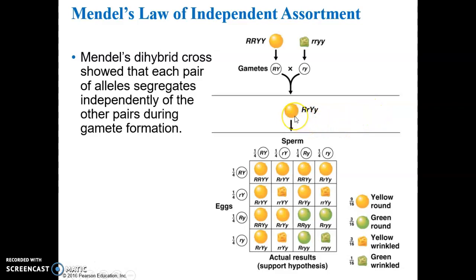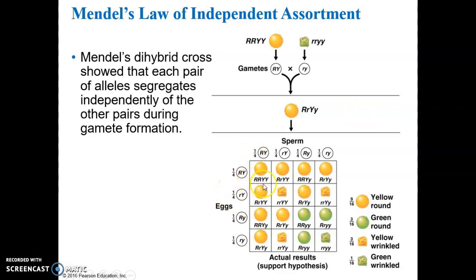Now you notice that when this one is going to make its gametes, the gamete can now have either a capital R or a lowercase r, and the gamete can have either a capital Y or a lowercase y. So these are the 4 possible gametes made by this individual. And notice there's a 25% chance, 1 in 4, of a particular combination of alleles in that gamete. And the same thing for the other individual because it's an F1 cross.